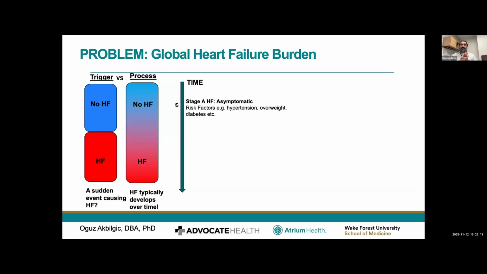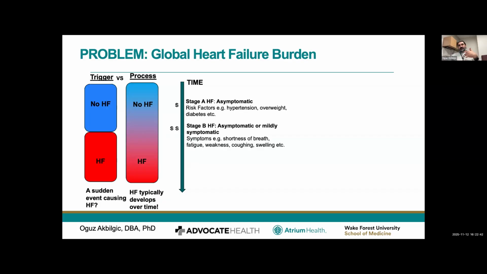It may be hypertension, obesity, diabetes, left ventricular hypertrophy. There are clinically defined or accepted risk factors. If you have one of the risk factors, you may be considered stage A heart failure. But most likely you are asymptomatic at this stage. And then the disease starts progressing.